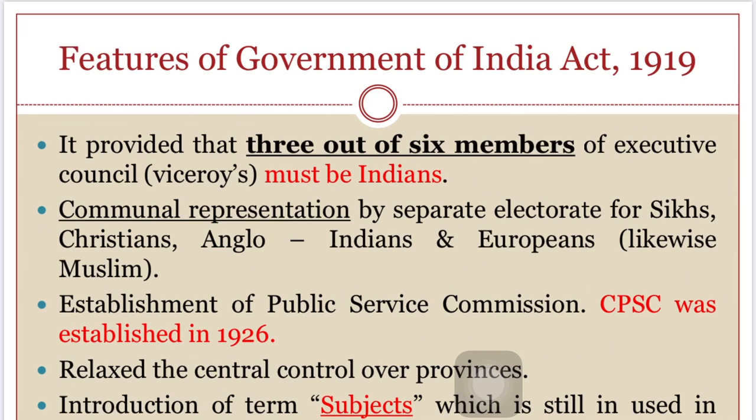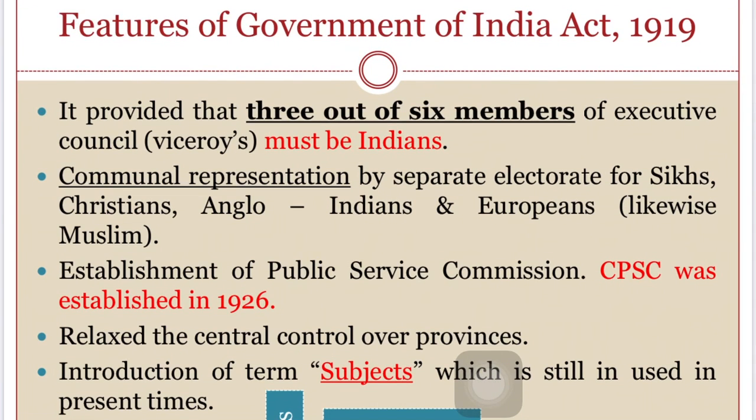As I told you, three out of six members of the executive council must be Indian. Communal representation by separate electorates was given to Sikhs, Christians, Anglo-Indians and Europeans, likewise Muslims. The Public Service Commission was first established in 1926.